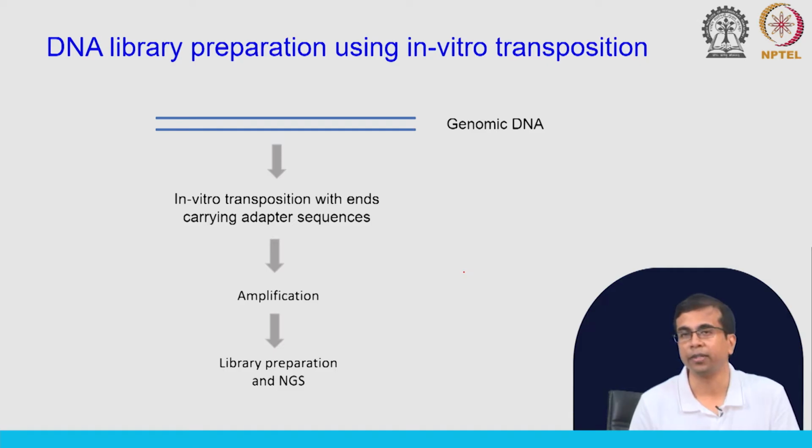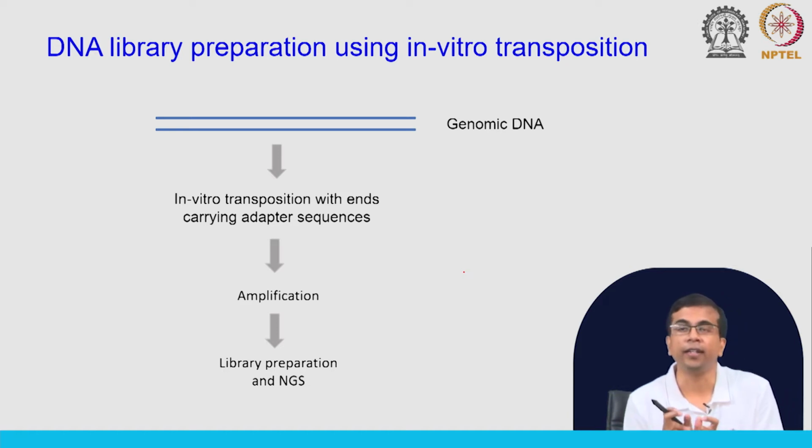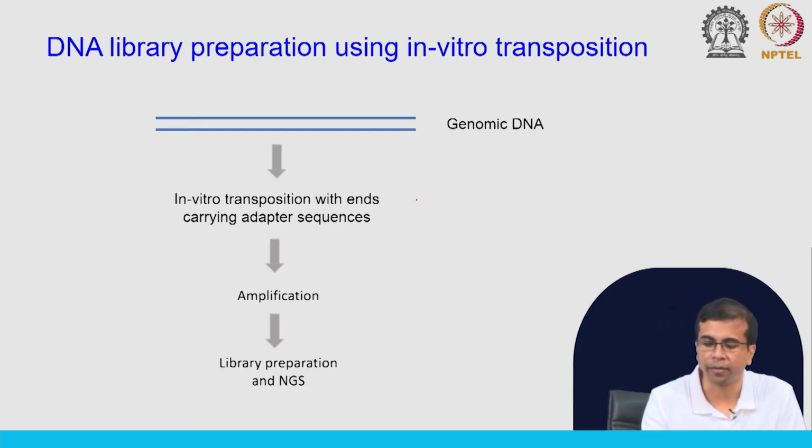You have heard about these enzymes, transposases. These carry some DNA fragment and insert it into the genomic DNA at random places. Once you have isolated genomic DNA, you do transposition in vitro, in the test tube, and these sequences that are inserted contain adapter sequences. So, imagine you have this transposase enzyme, like this.